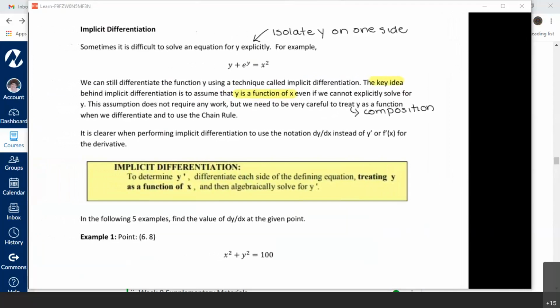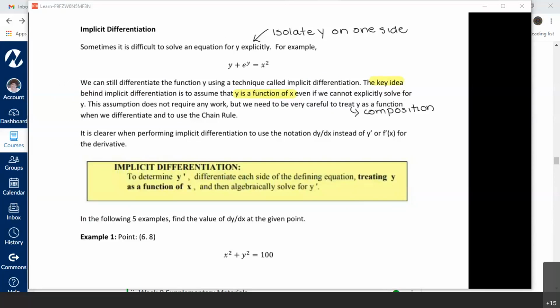Now, you might say, wait a minute. Normally, when I use the chain rule, I can see the inside function. Otherwise, how do I take the derivative of it? It's really easy. Whenever you use the chain rule on y as a function of x, the derivative of the inside function is always dy/dx. So you don't have to worry about taking the derivative of something that you can't see.